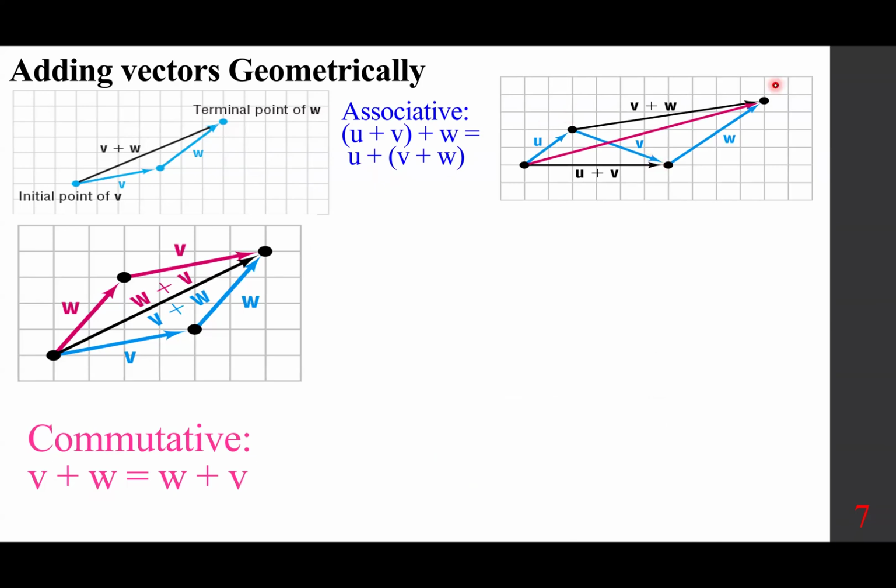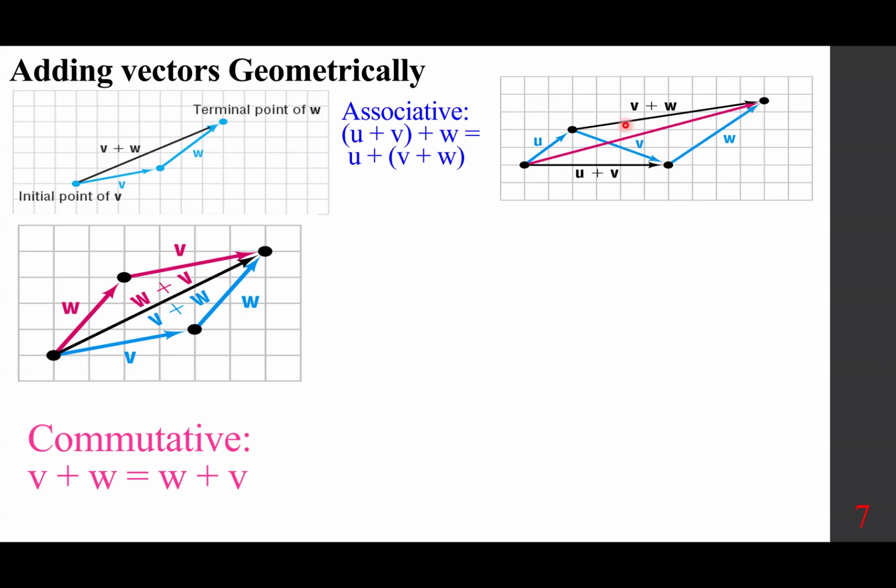V, and W. Notice the terminal point of U is connected to the initial point of V, and the terminal point of V to the initial point of W. So this would be U plus V plus W. What you have here is U plus V, and then plus W gives you this.